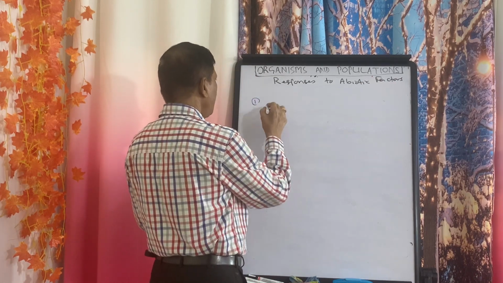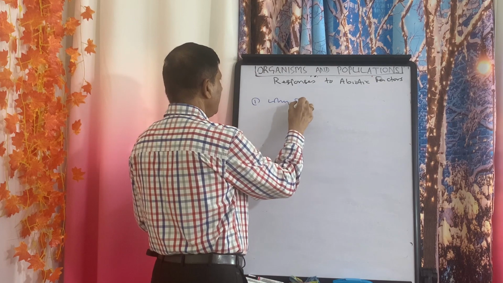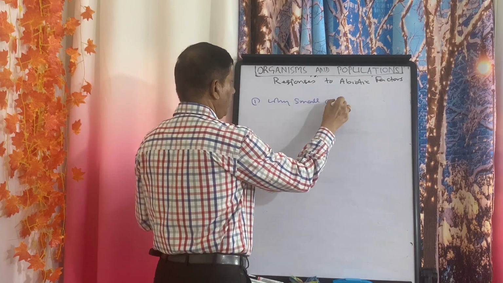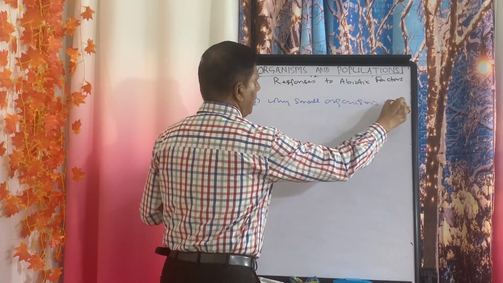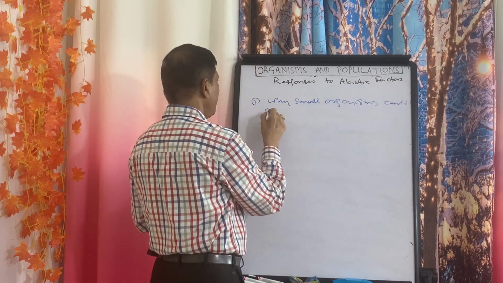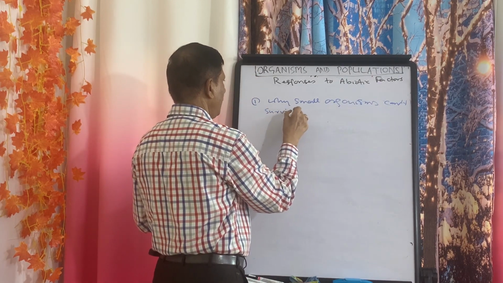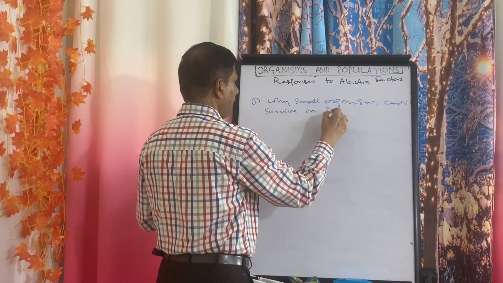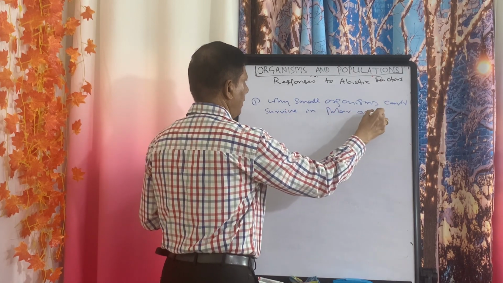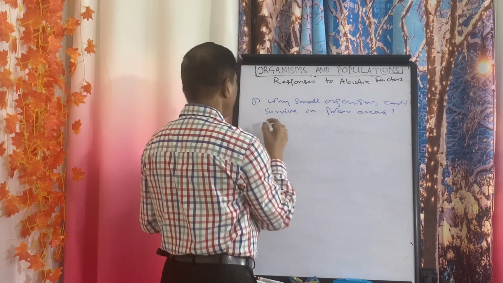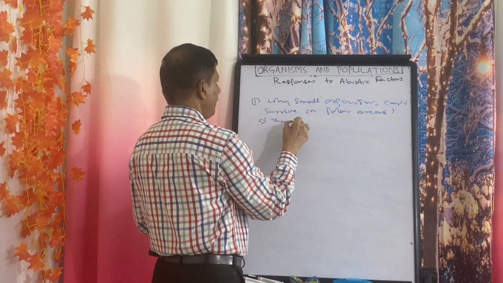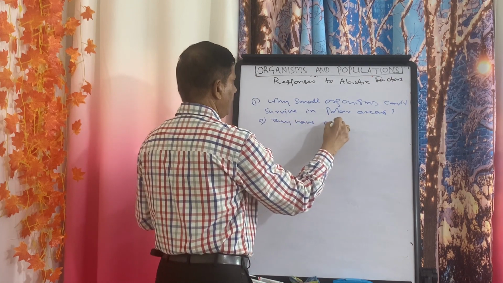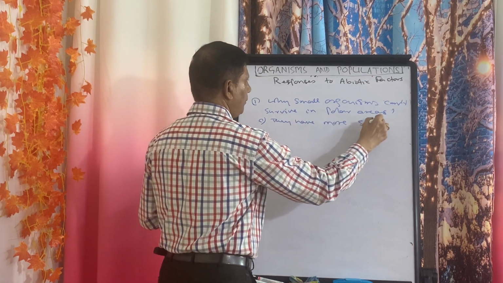One question you can write: why small organisms can't survive in polar areas? A choice, they have a more surface to volume ratio.